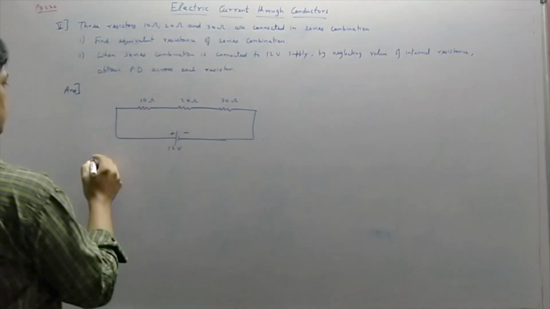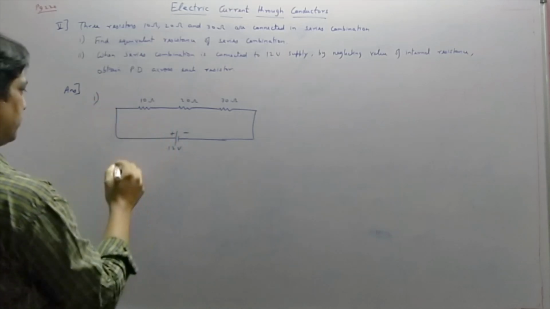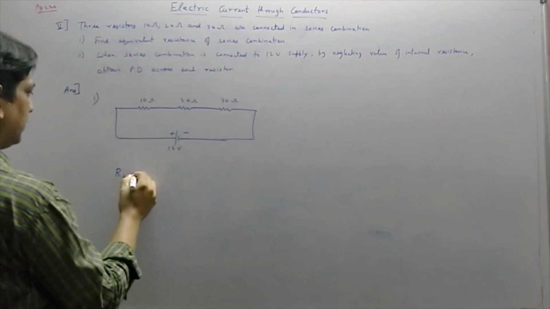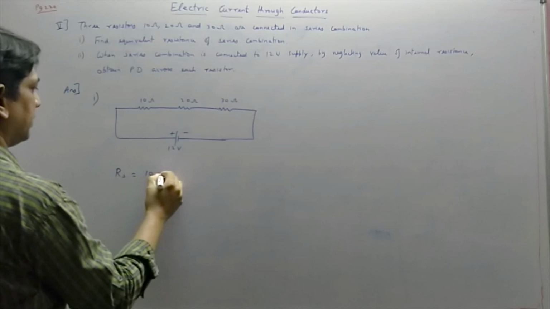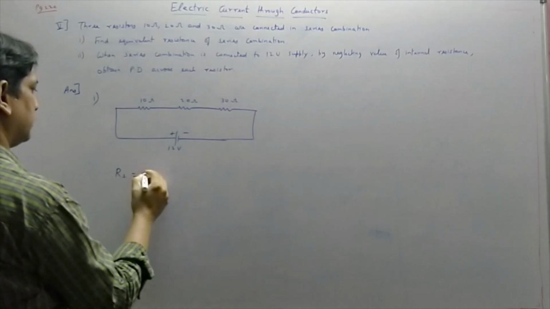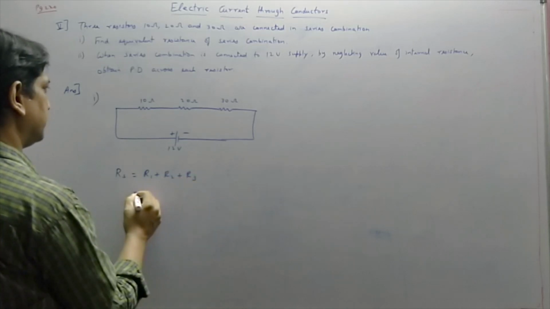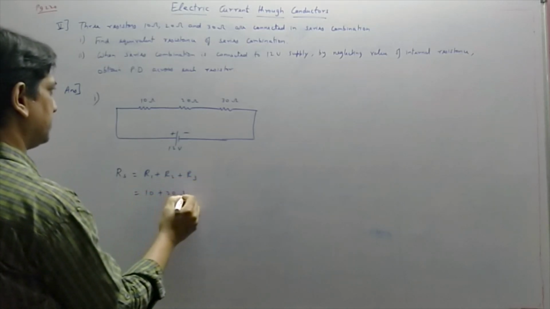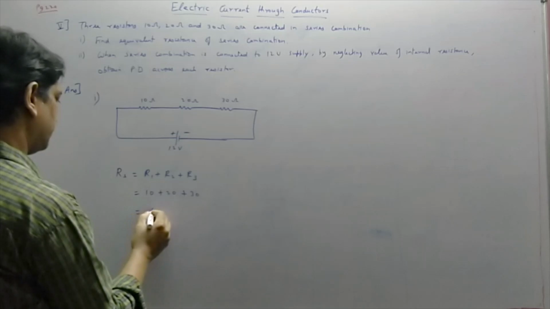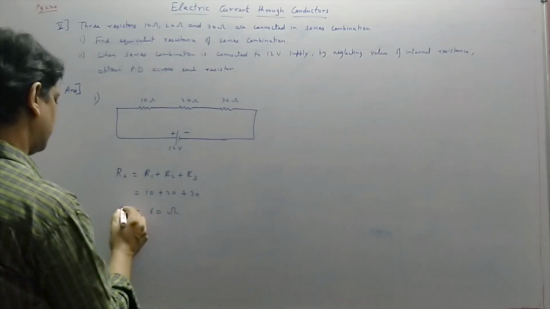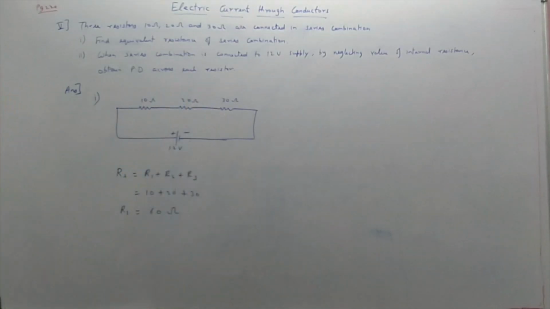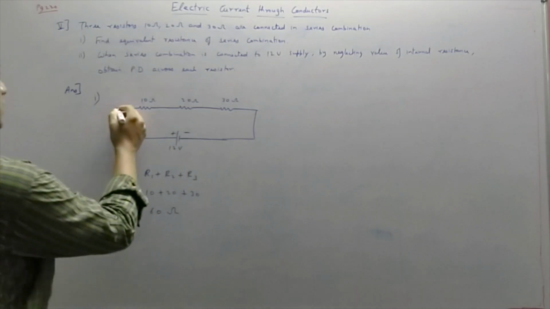Now, what is the equivalent resistance formula? We know Rs is R1 plus R2 plus R3, so we get 10 plus 20 plus 30, that is 60 ohms. The equivalent resistance in series is 60 ohms.